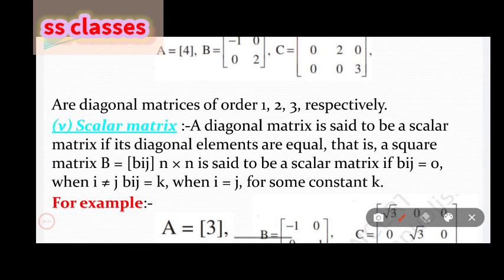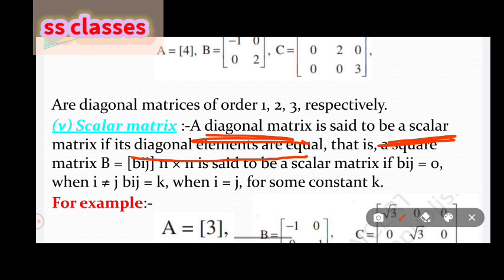Now, scalar matrix. A diagonal matrix is said to be a scalar matrix if its diagonal elements are equal.